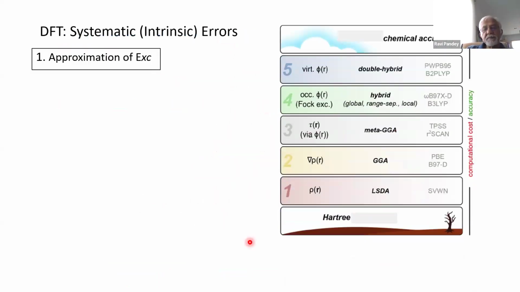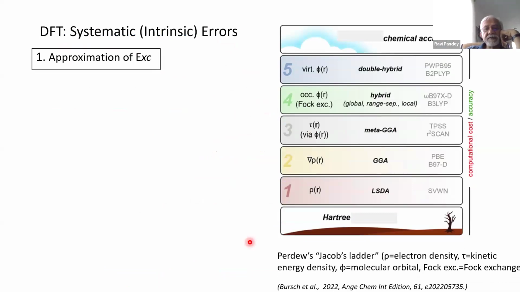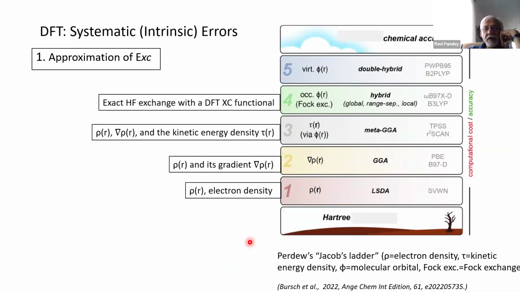You may have gone through what we call Jacob's ladder. It is a very nice paper that came out back in 2022. You start with the Hartree approximation. This is quantum mechanics 101, where you do not have the exchange correlation part.